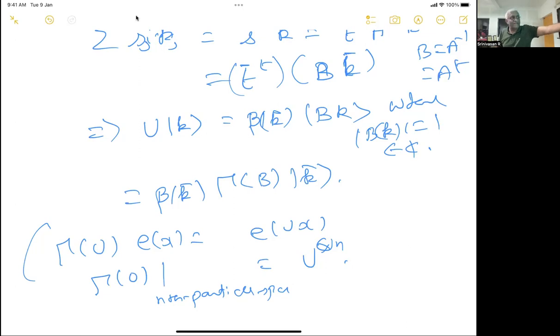On the other hand, of course, there is no other way. That is enough to prove it, so they are both equal. Or you can take it that way, differentiate it and get it, but you don't need it. You first define a different operator, for example, which on the zeroth particle vector is identity, on the one particle vector is just u, on the two particle vector is u tensor u, then u tensor n on the nth particle space.